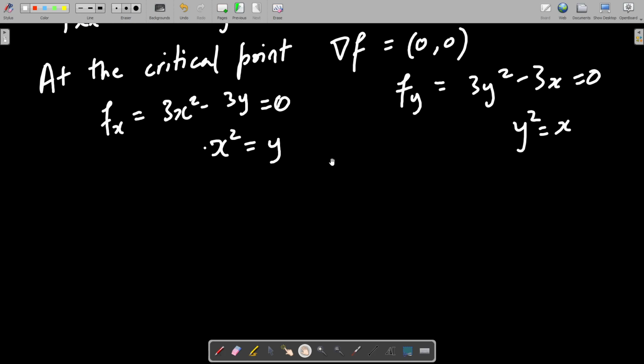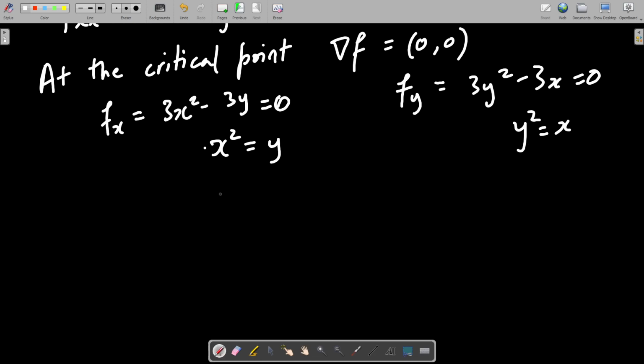Yeah, so x is equal to y square, right? So what will substitute where? y square is equal to x. Okay, so x is equal to y square, that's what we know here, and x square becomes y.